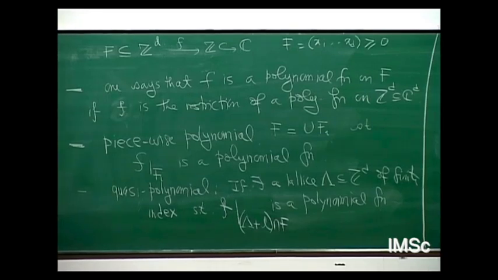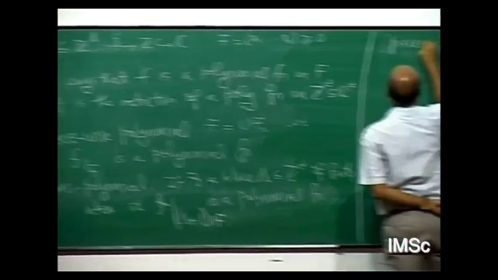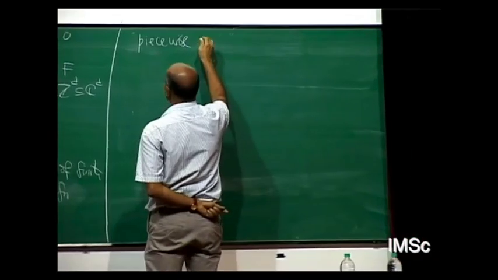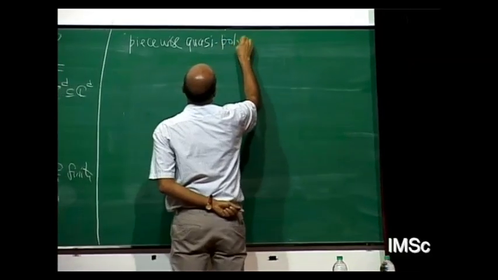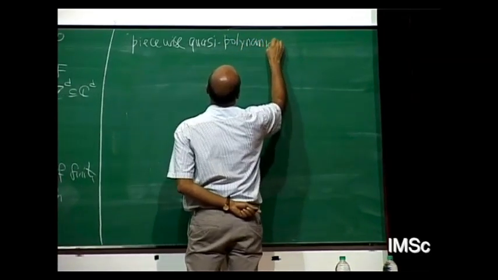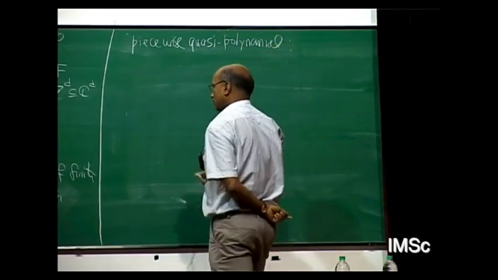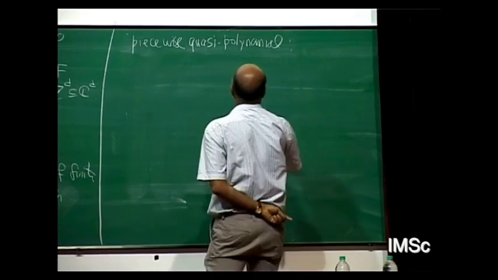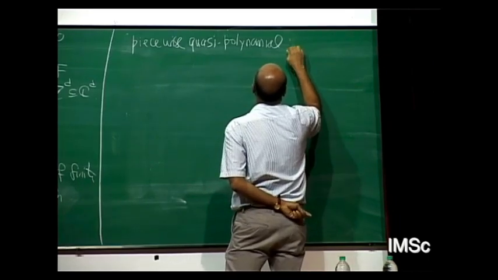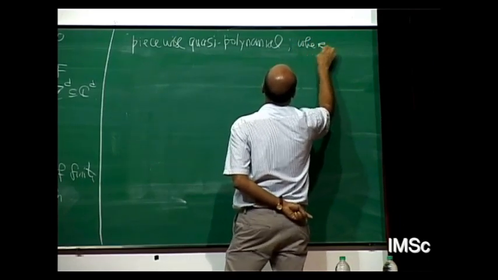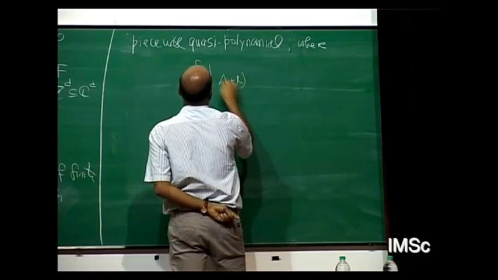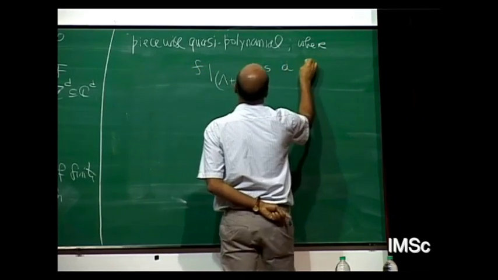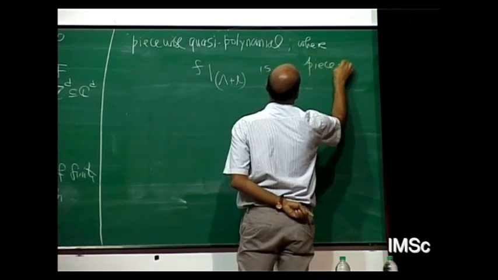So then one can also define piecewise quasi polynomial to be one in which this one is a quasi polynomial, where f restricted to lambda plus L is a piecewise polynomial.